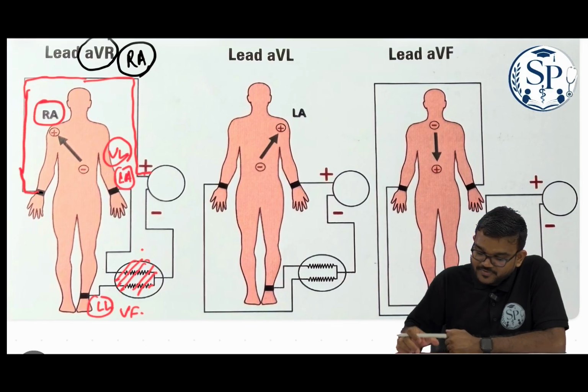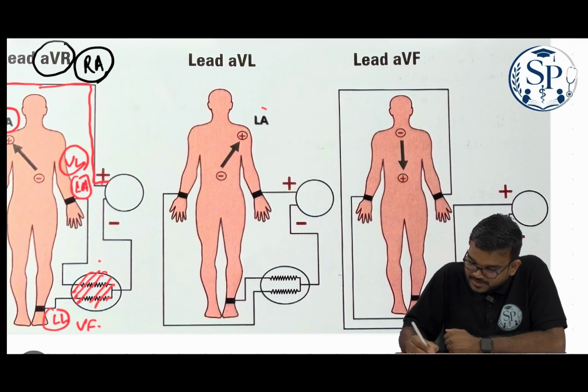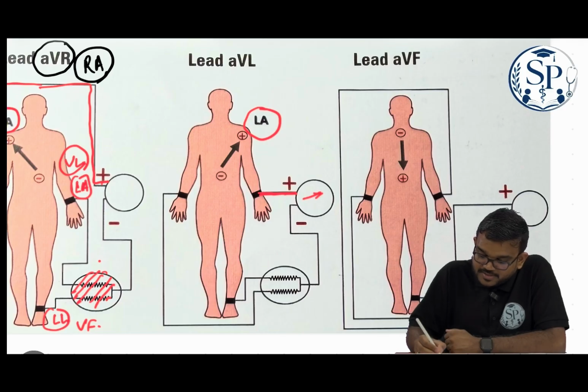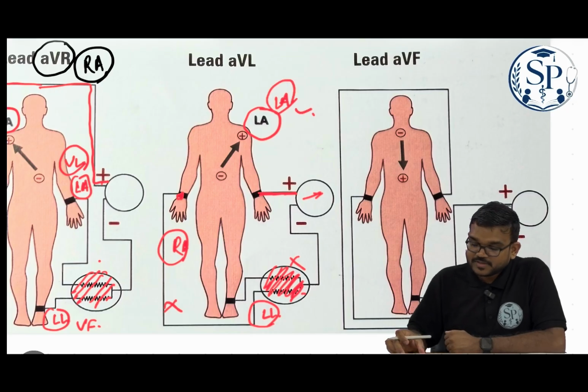Similarly, in case of AVL, we are recording on the left arm, so the positive end is connected to the positive end of the galvanometer, whereas the negative end is connected to the right arm and left foot. Both are passed through a high resistance circuit, so literally no current is flowing, so it only records the potential at the left arm only, right?